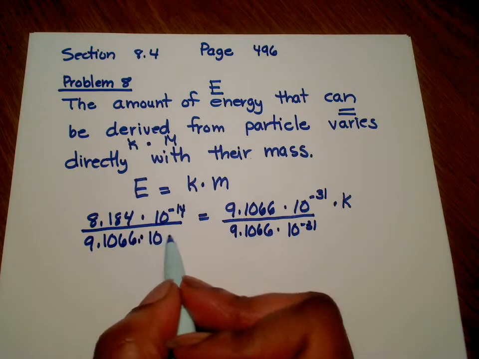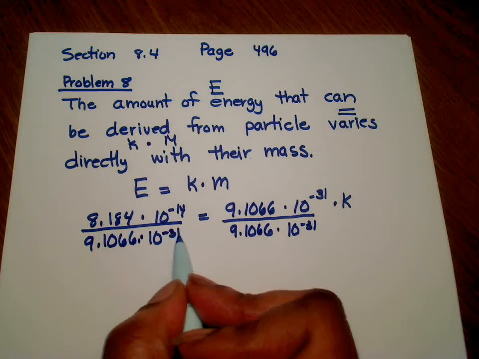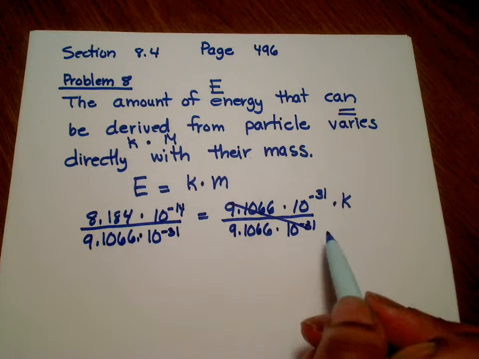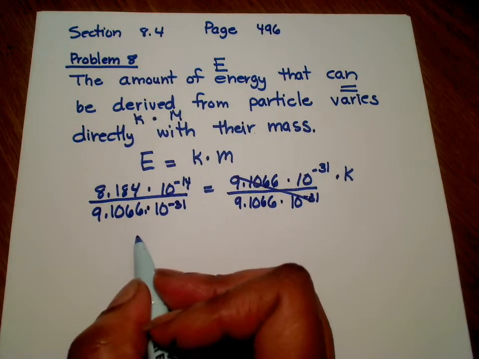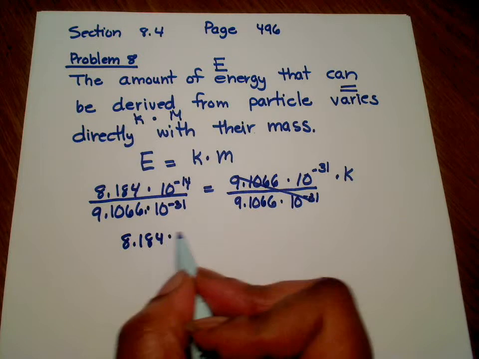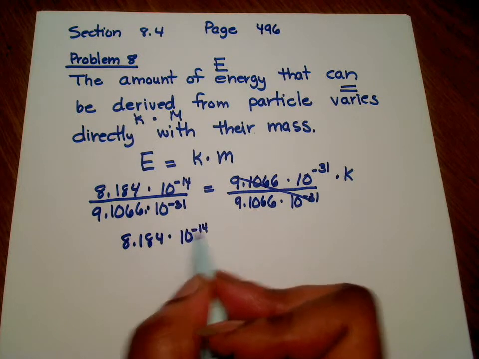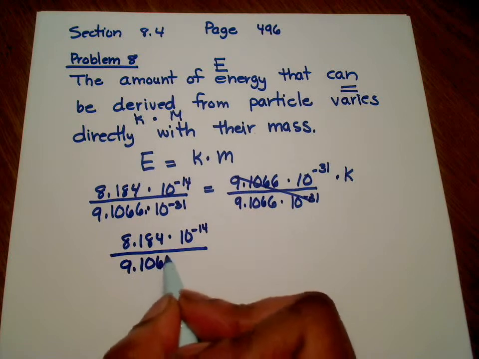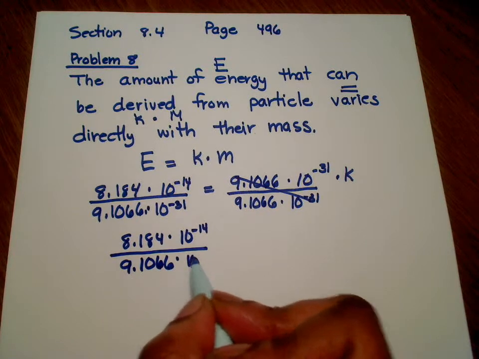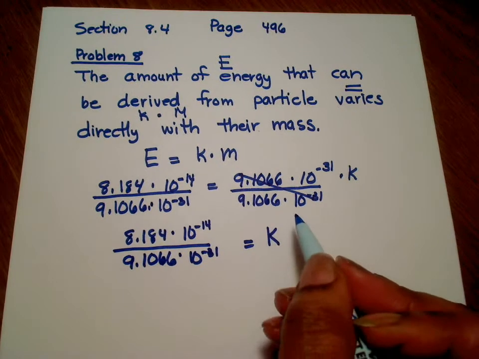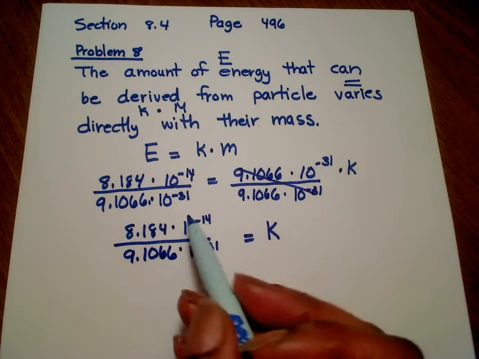Now notice, this will cancel out, leaving us with the K. So now I am left with 8.184 times 10 to the negative 14 over 9.1066 times 10 to the 31st power. That's equal to K.